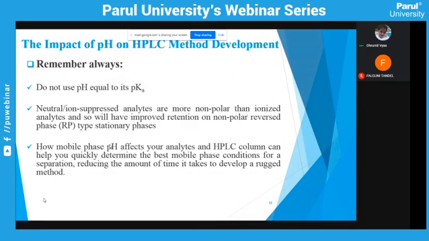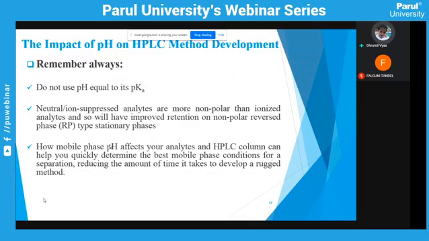So adjustment of mobile phase pH can be a powerful tool to obtain liquid chromatographic separation. But at the same time, poor control of the pH can be a source of serious problems with preparation. We always have to remember these things. Do not use pH equal to its pK.